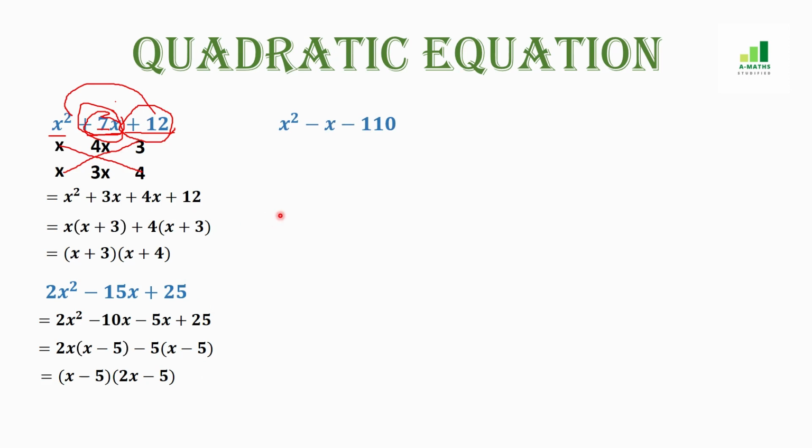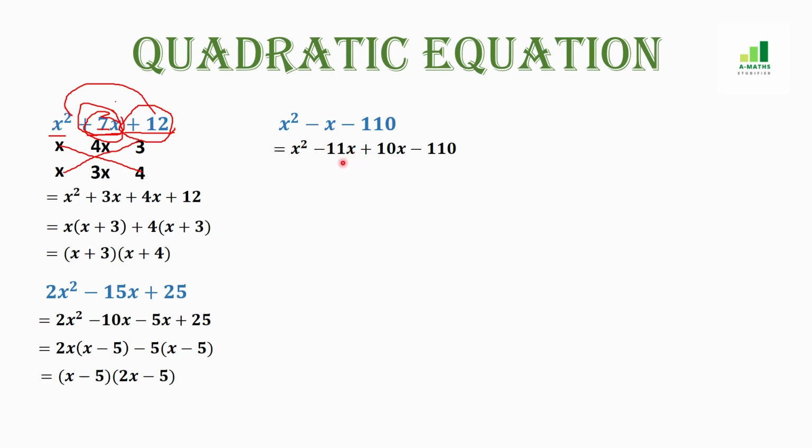Now our next equation is x squared minus x minus 110. So you can see that this minus 110 is the C of a quadratic equation. It means that we will break this x in the opposite sign. How? I can write this equation as x squared minus 11x plus 10x.